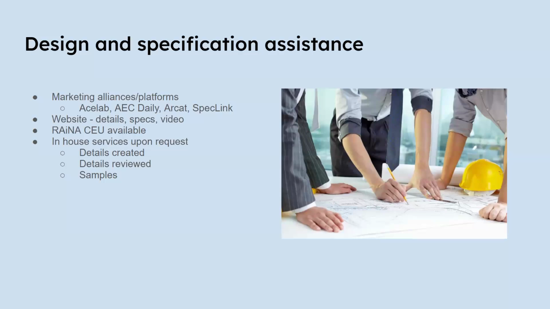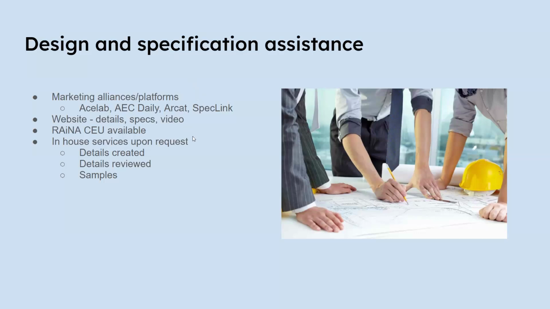Our website is robust and easy to navigate. There are videos showing the application of almost every product we manufacture and sell. Our hyperspec details contain over 200 details for typical design considerations for all types of siding and cladding.